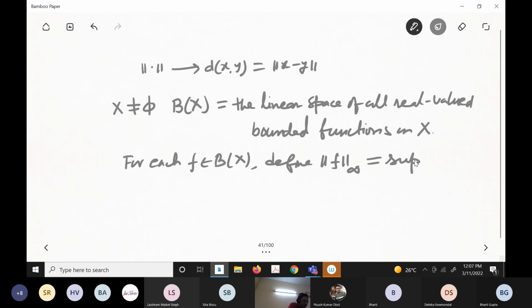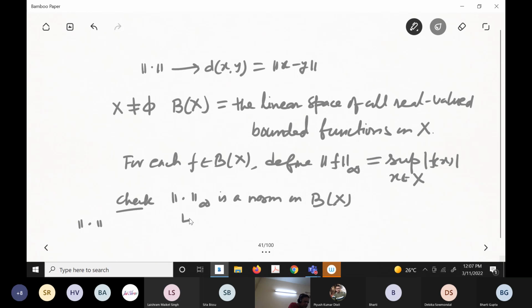Sup of |f(x)|. Check that this is a norm. When you check the norm, basically you'll have to use this mod function on R. This dot means that a vector has to be put there. Usually we write it like this, which means there is a blank and you have to fill in the vector here. This is a norm on B(X).